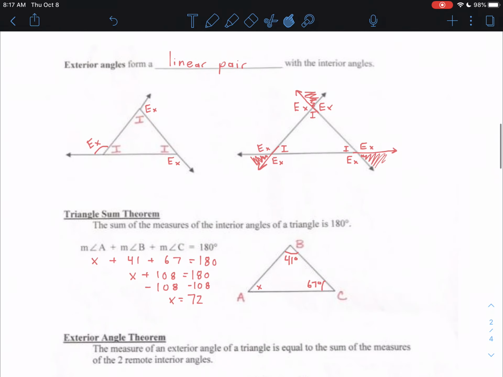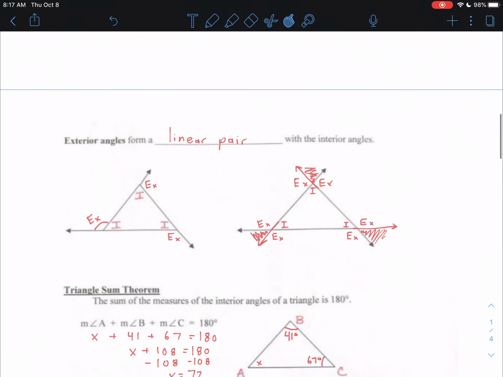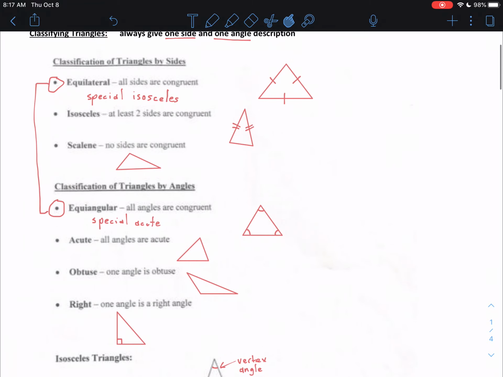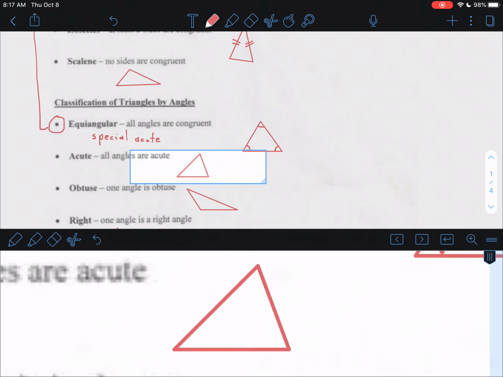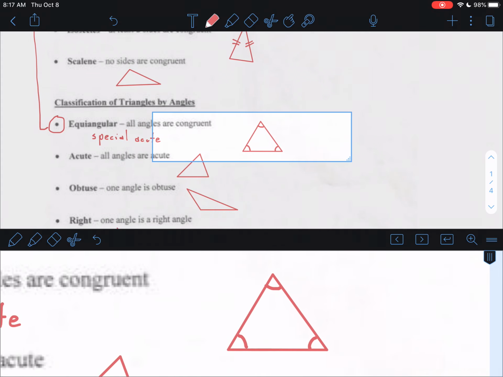All right, so now that I learned that, instead of going on, I'm going to go back up here real quick because there's something I want to talk about with these classifications of triangles by angles.